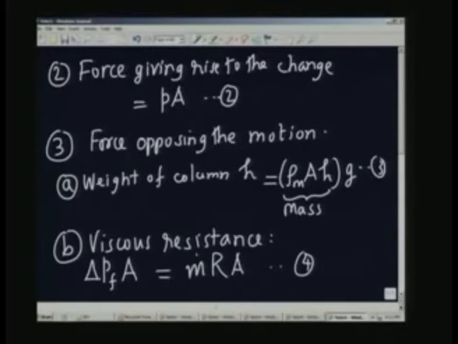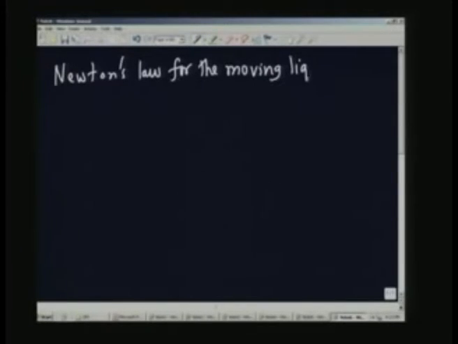So, we have to take into account the forces which are helping the motion to come about and the ones which are going to prevent the motion from taking place. So, I will write Newton's law for the moving liquid column.